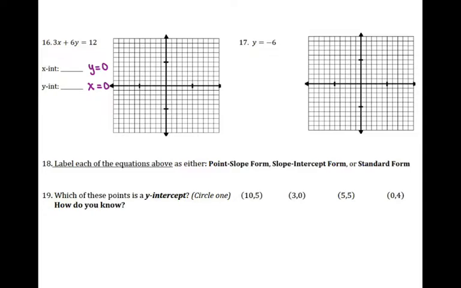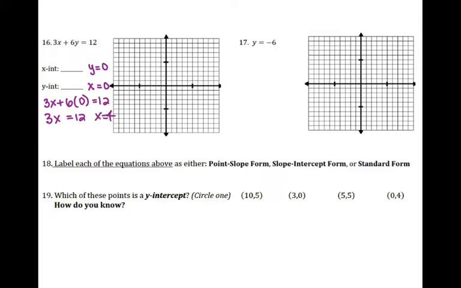For my first one, I have 3x plus 6 times 0 equals 12, and I'm going to use that to solve for x. Well, 6 times 0 is just 0, so I don't really need to be adding anything right there. So I have 3x equals 12. So that means x equals 4.